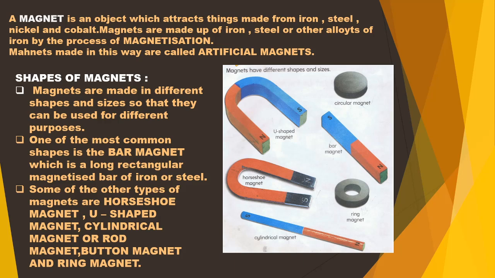These are attracted by the magnet, and magnets are made up of iron, steel and other alloys of iron by the process of magnetization. If you take iron and do a process which we will learn at the end of the chapter, you will get a magnet.